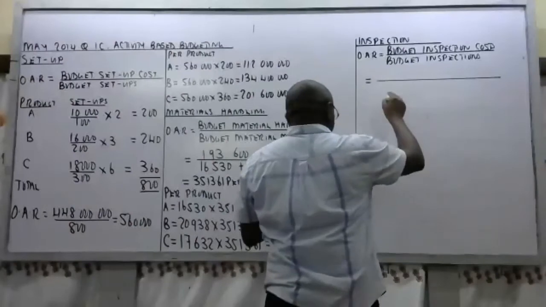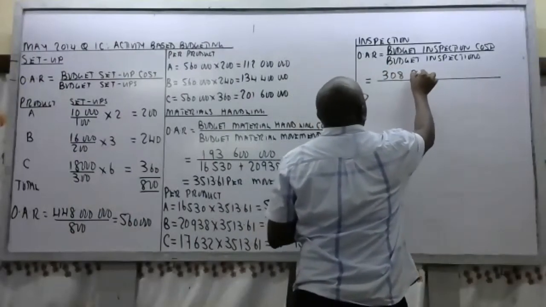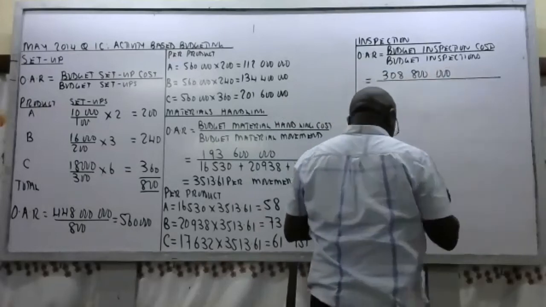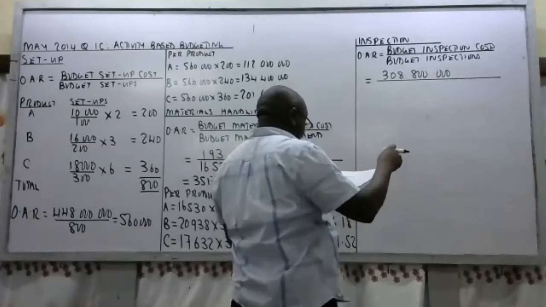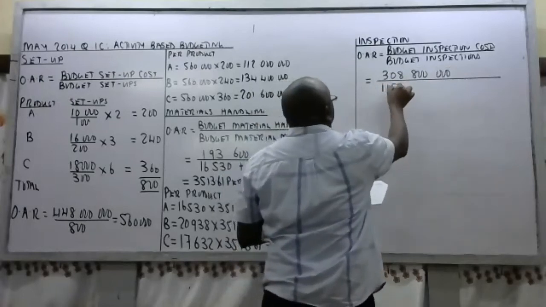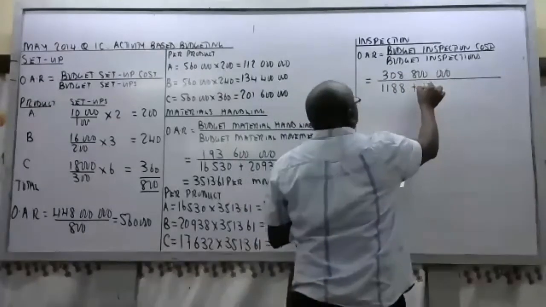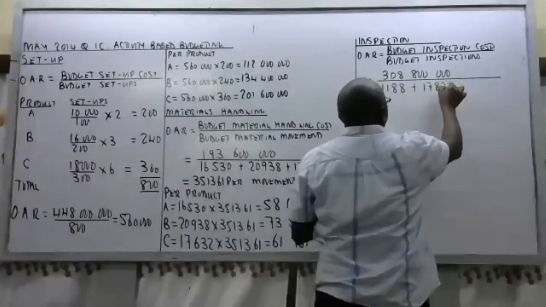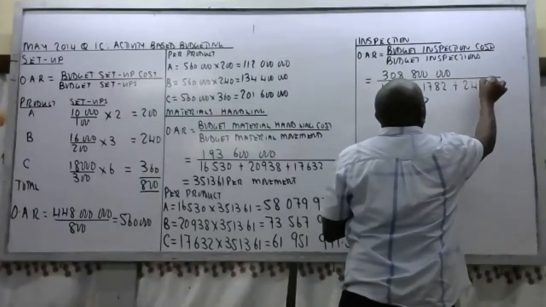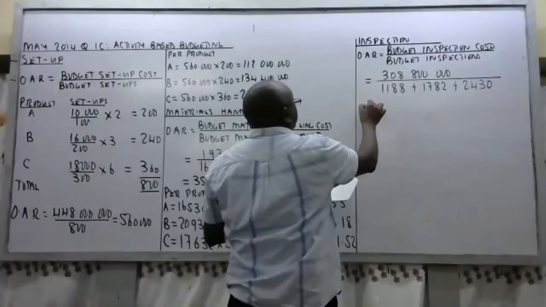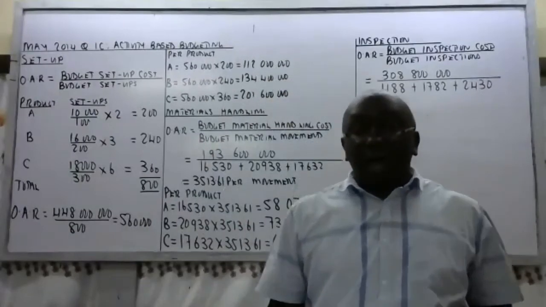It is 308,800,000. You divide by inspections, 1188 plus 1782 plus 2430.